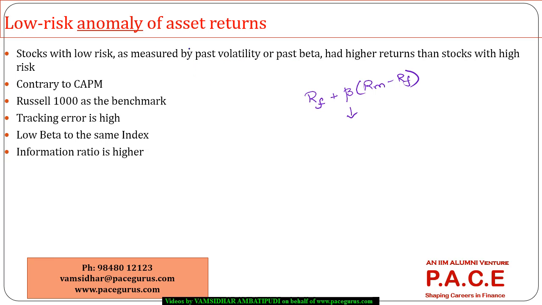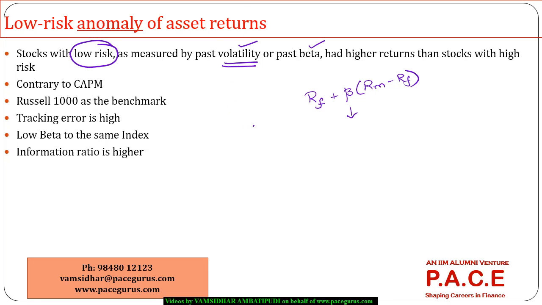But in reality, what we are seeing is, historically, those stocks which had low risk based on the past volatility. So I am taking the standard deviation or some kind of volatility measure on the past data, or I can go with the past beta, whatever is the measure.